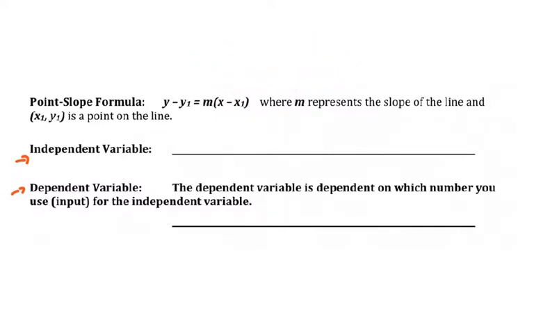So the x value is called the independent variable, and that's the input. And it's also known as the domain, which we'll talk about later. But the input and the x value and the independent variable, you've probably heard those before. The dependent variable is the exact opposite. It's dependent on whatever you're inputting.